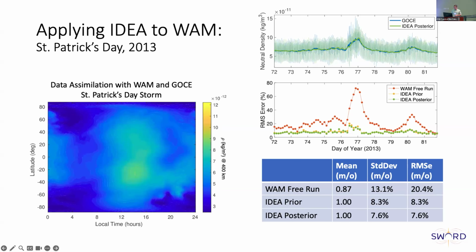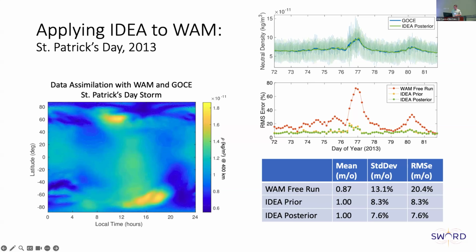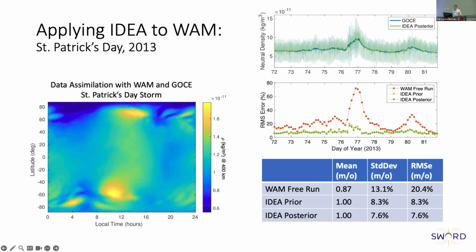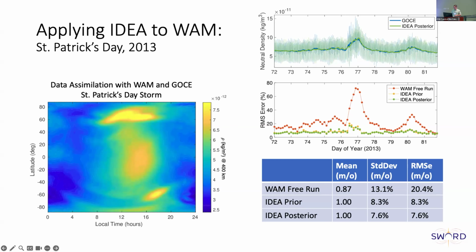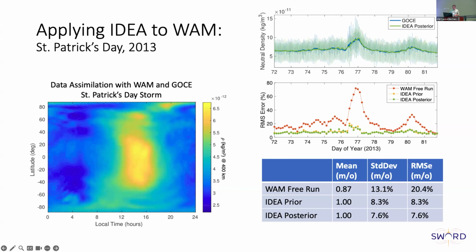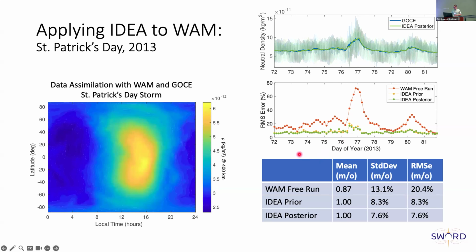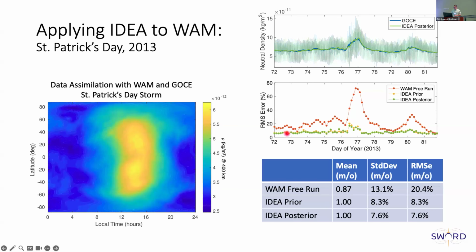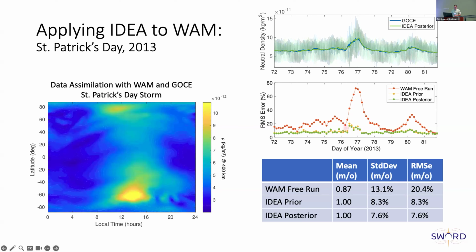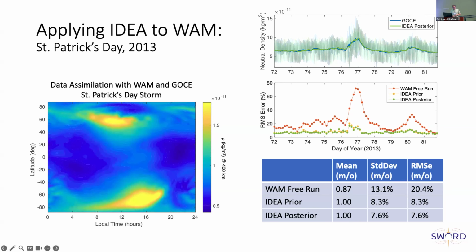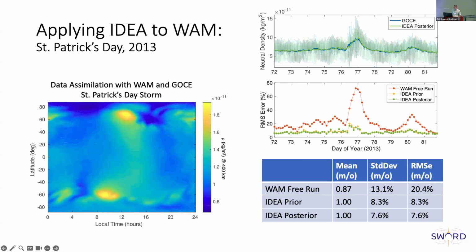But here are the RMS errors, and the red curve here is of the WAM free run. So you can see during this storm, there's a huge peak up to 70-80% RMSE, and the assimilative output is driving that down quite a bit, especially during quiet time. It's a handful of percent, and then during the storm, it's maybe up to 15% RMSE, which is not too bad during those times.